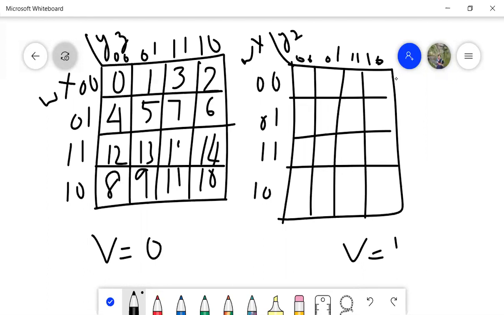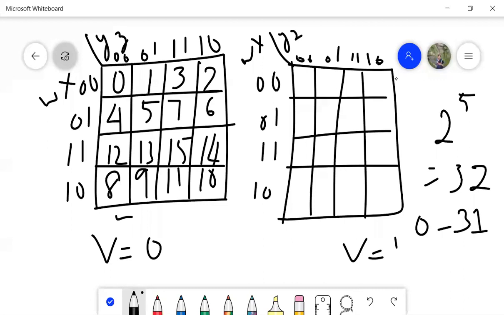Now continue, because it is a 5 variable K-map, 2 to the power of 5 will be equal to 32. That means we will have 0 to 31 combinations. So now I have completed 16 combinations in the first one. I have 16 combinations over here. I have to continue. So this represents minterm 16, 17, 18, 19.